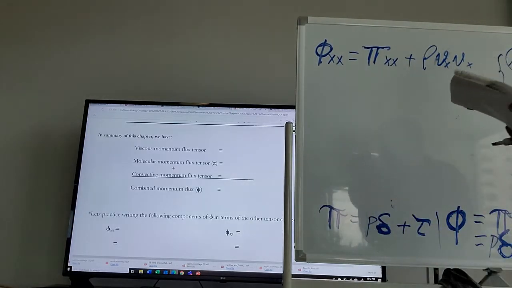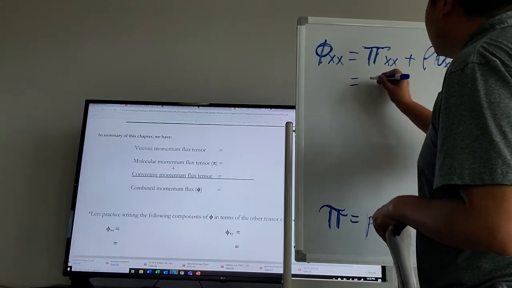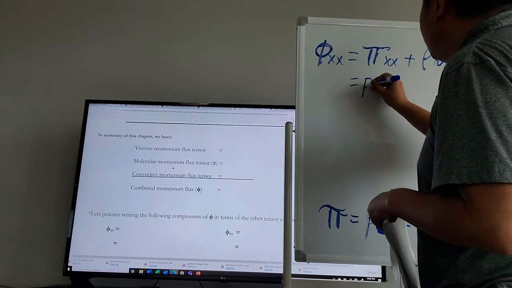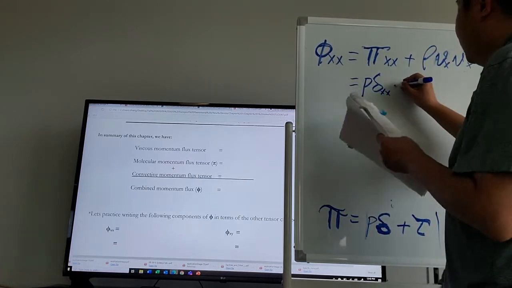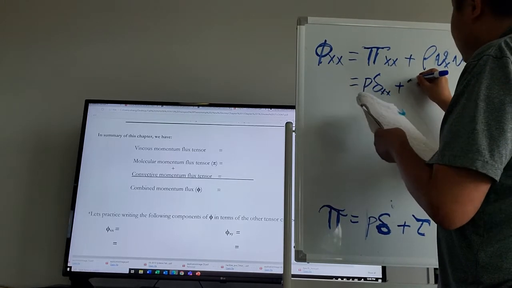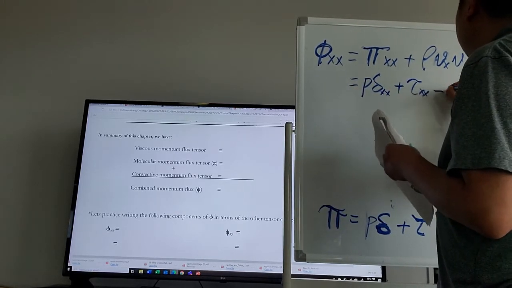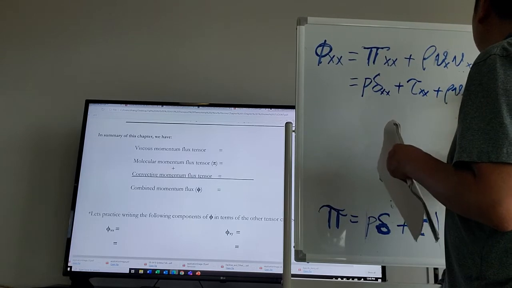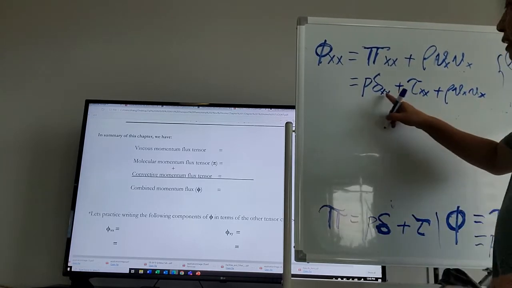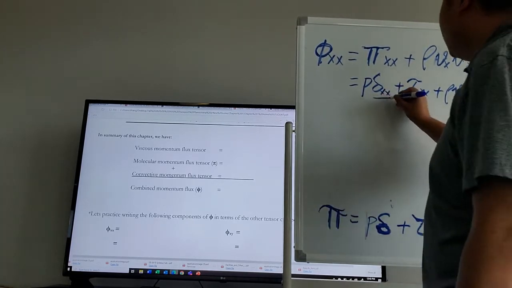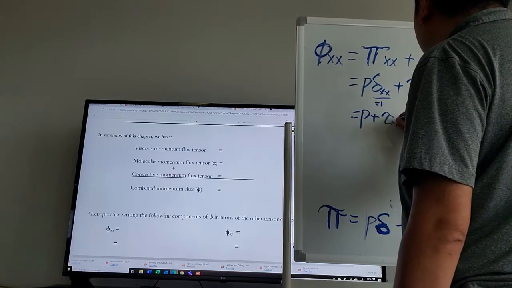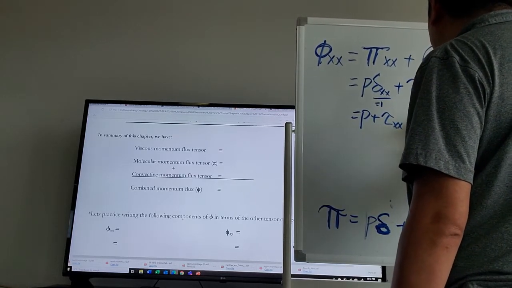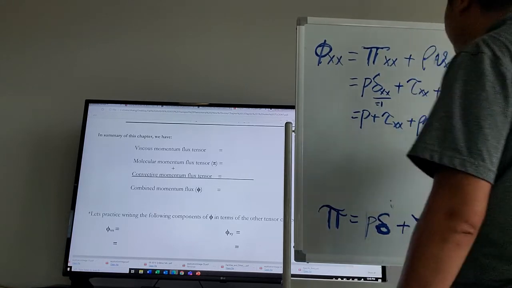And also pi xx equals p delta xx plus tau xx, then plus rho vx vx. Since i equals j, we know delta equals 1, right? So this is what we have.